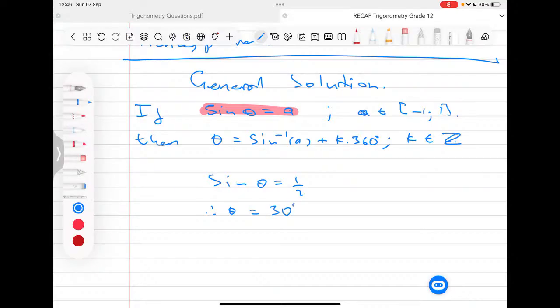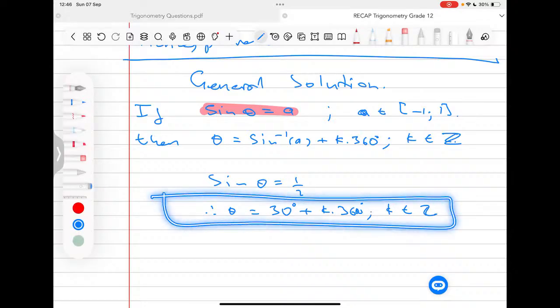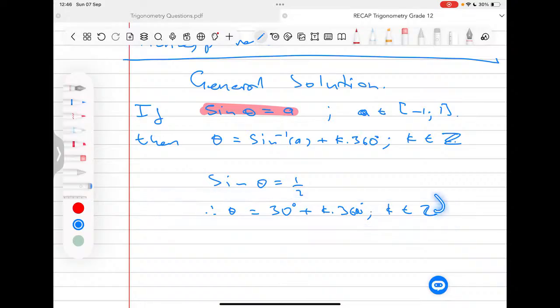So you'll then have 30 degrees. But you then have to say plus k 360 degrees. And all the time you then have to write this condition to say k is an element of integers. We call this a general solution, because these are the solutions, the numbers, that will satisfy or make this equation true.